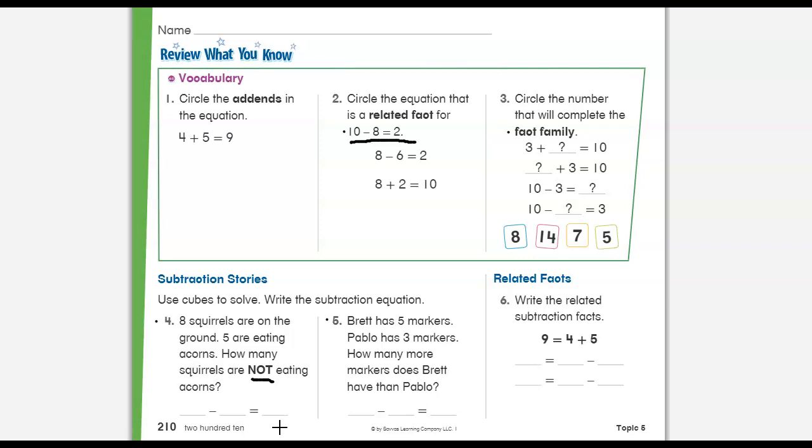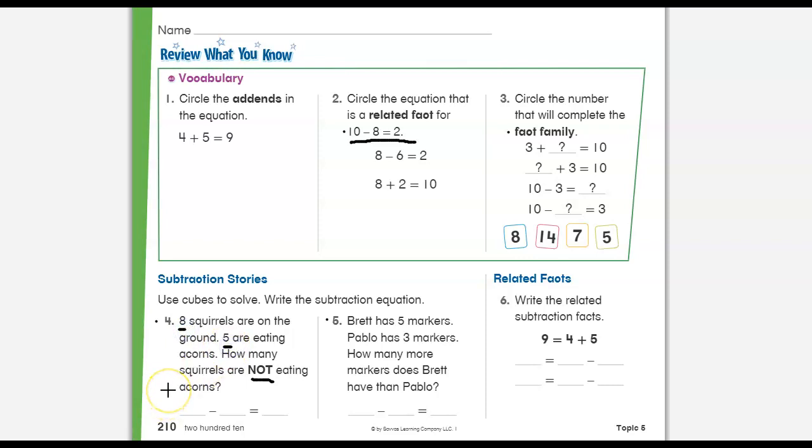So it says 8 squirrels are on the ground. 5 are eating acorns. How many squirrels are not eating acorns? So in this equation, we have the numbers 8 and 5.